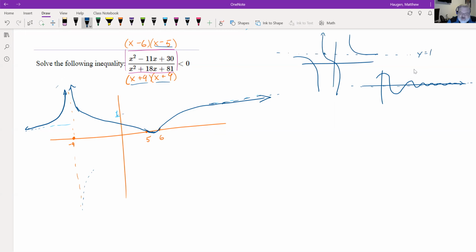No, it can equal 1. Effectively there's some x value for which that equals 1. It's just that as it goes off this way, it has to get closer and closer to that line. Gotcha. It can pass over it as it does that, but it has to stay at an ever shrinking distance from that line.